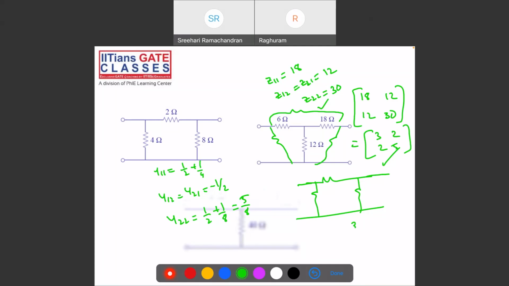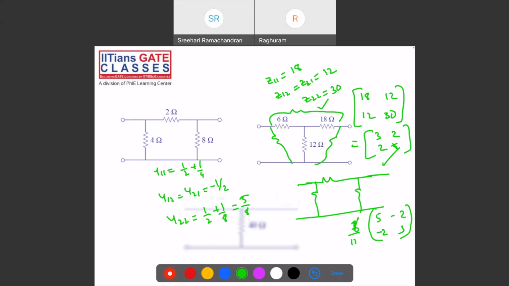I just saw the updated matrix right now. So the determinant will be 11, and the matrix inverse will be 1 by 11 into 5 minus 2, minus 2, 3. And into 6 is there also, so we have 6 by 11.